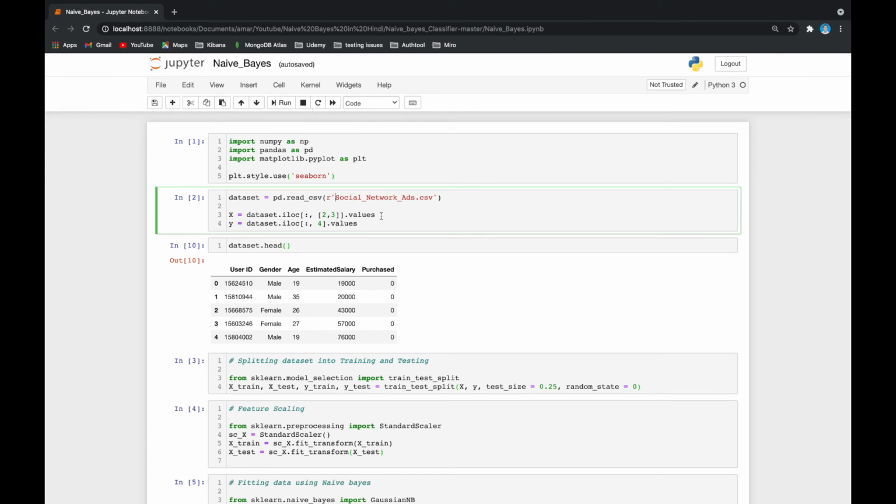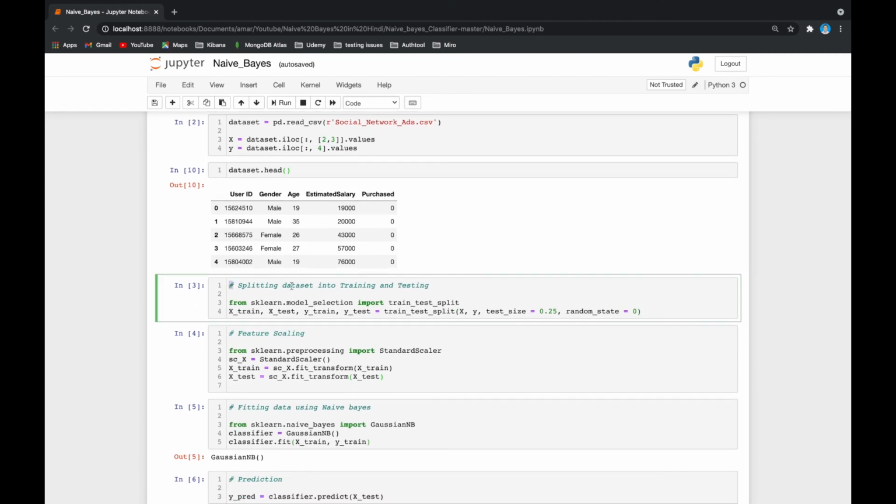Then I have segregated my independent and dependent features. Let us see what this data is. Over here we can see it contains user ID, gender, age, estimated salary and purchase. Based on these four features we have to find whether a person will buy a product or not.